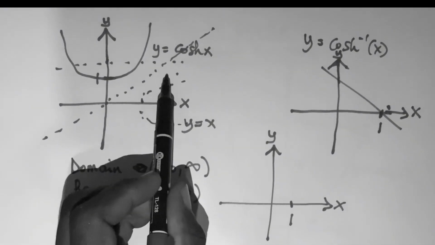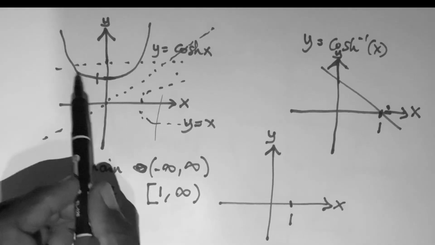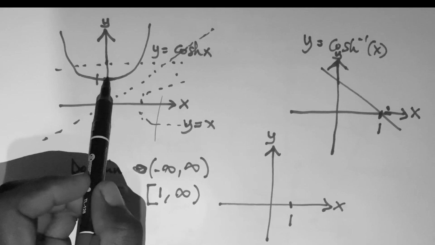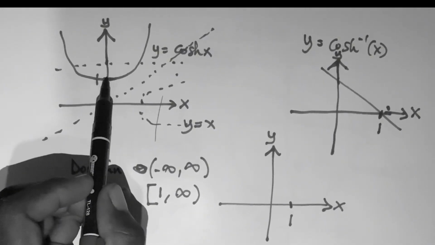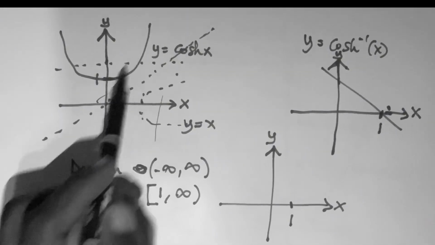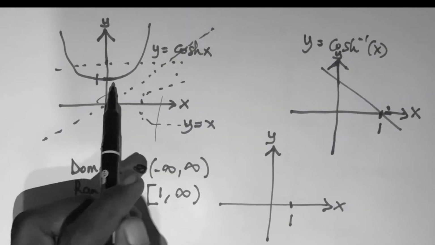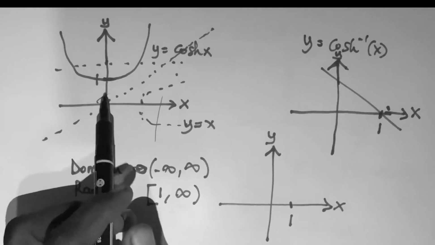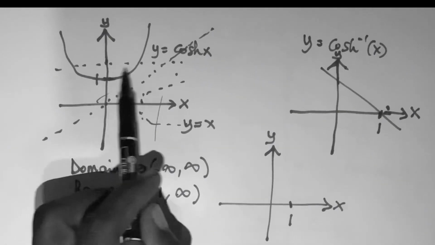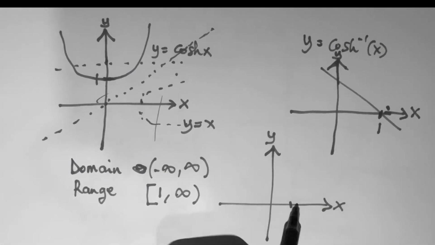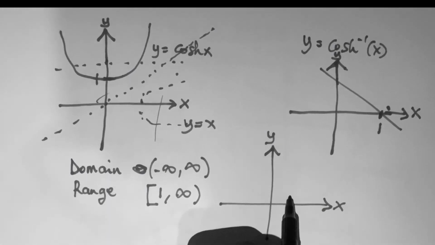But if you use the vertical line test, this graph will fail. So because of that, we are only going to reflect this part of the graph in the line y equals x, because that's the only part that will pass the vertical line test. So we can only draw the hyperbolic inverse for one side of the graph, and therefore it's going to look like this.